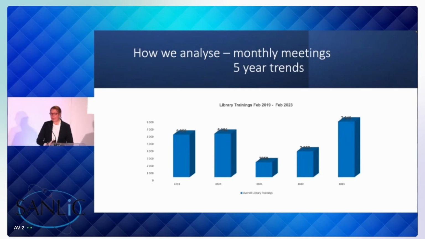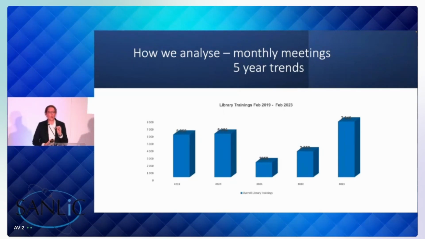So every month we look at our statistics and we compare them over a 5-year track. Here is a graph that shows you our trainings. So these are our physical trainings, which is why they went down in 2021. And so this is February, so this was during COVID.